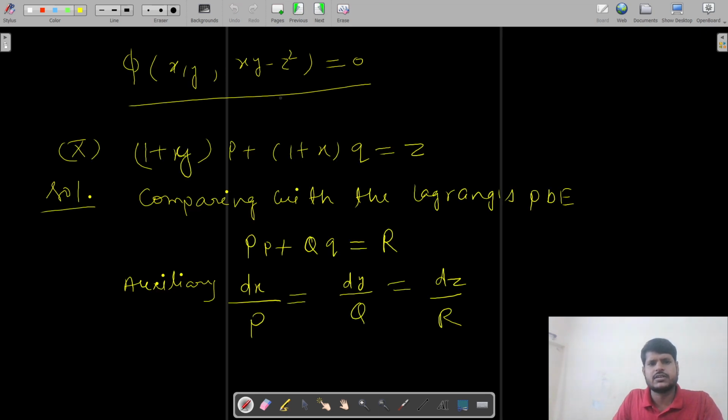You can check here, capital P is 1 plus y, capital Q is 1 plus x, and this is R.